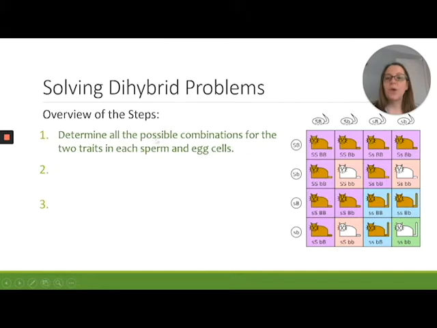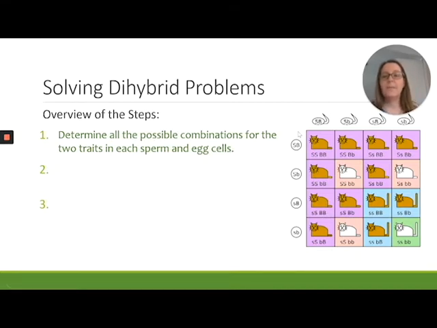So determine all the possible combinations for the 2 traits. What I mean by this is how did we get these 4 gametes up here? And I also like this one with the cats because we have the sperm cells on the top and the egg cells on the bottom. So you can really tell that these would be the gametes that are created during meiosis. So how do we figure those out?